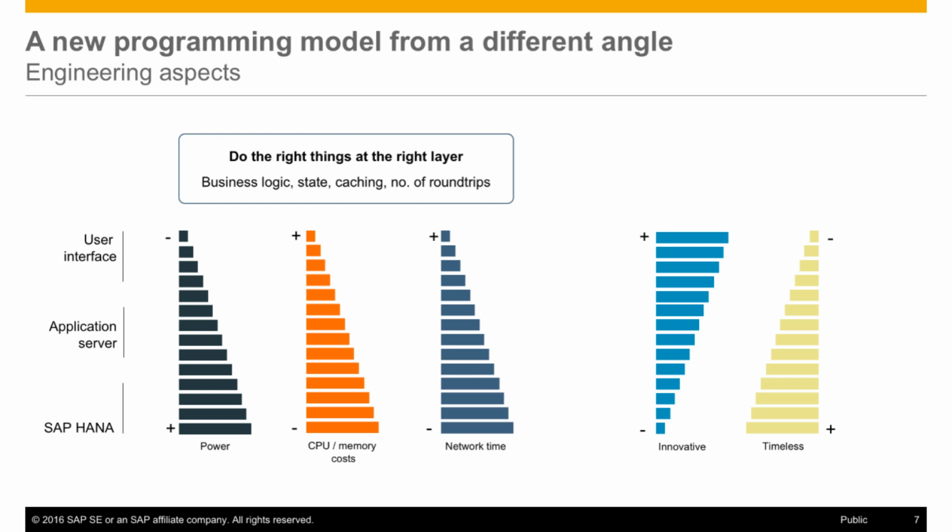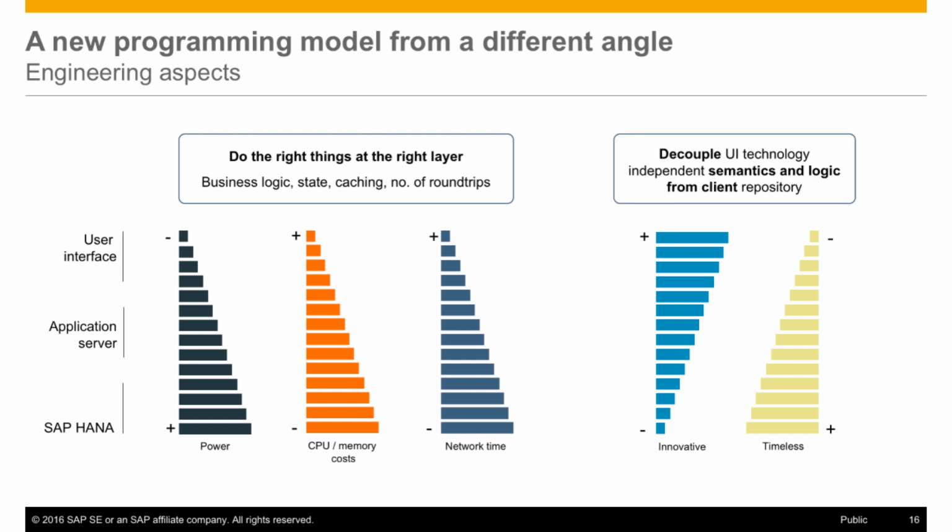Therefore, we need a decoupling of our data model, of our business logic, and some kind of semantics, a decoupling from the UI technology. And we will see later on that we do not only have the data model or the business logic, but also UI semantics in the back end. If I display a sales order, I probably know that the sales order ID should be the first column to be displayed.